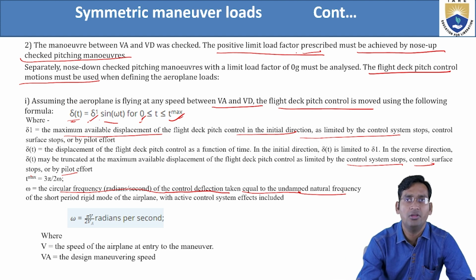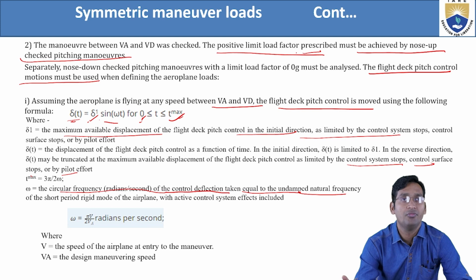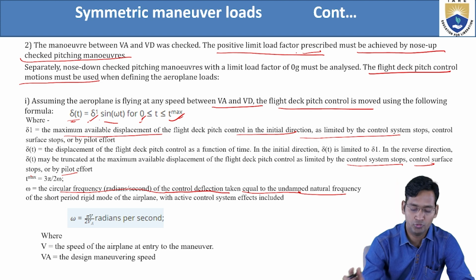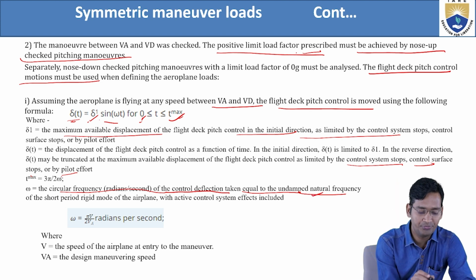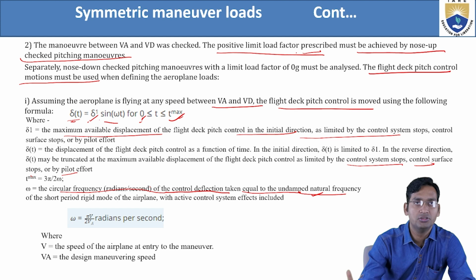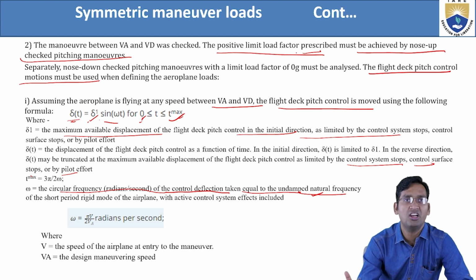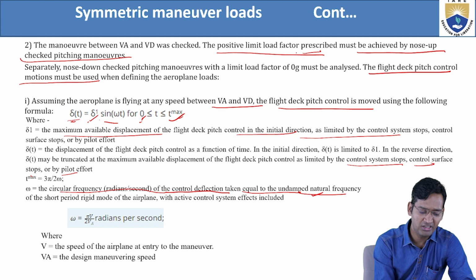Normally it is the natural frequency of the short period rigid mode of the airplane, with active control system effects included. Omega is the circular natural frequency, but it should be undamped. How to find that omega?